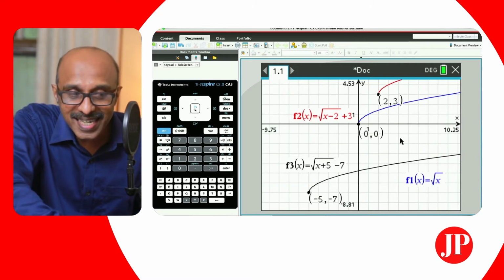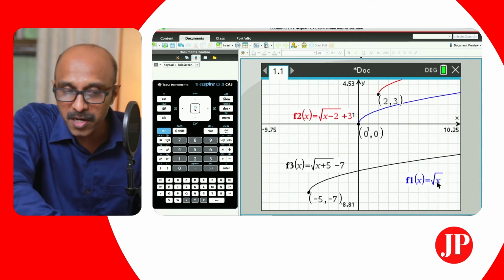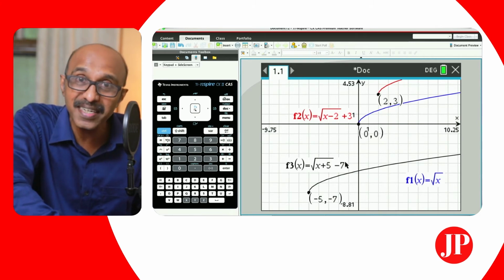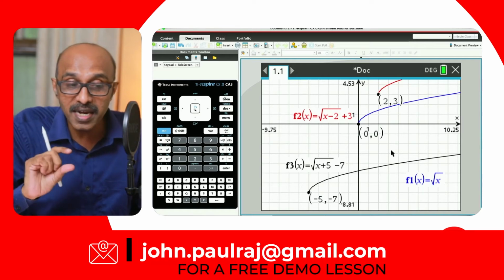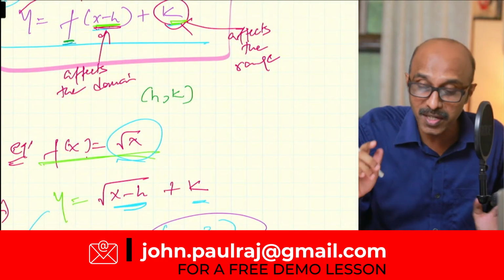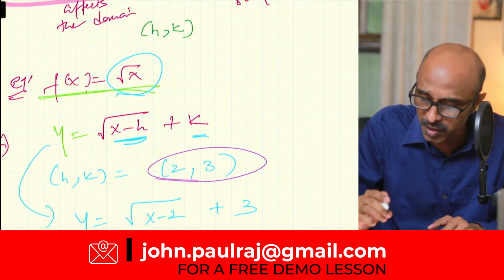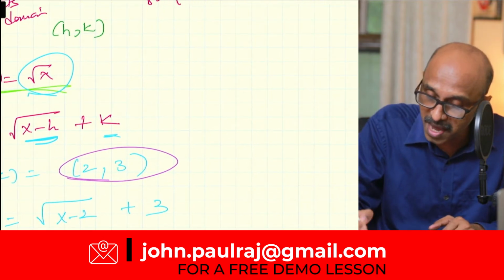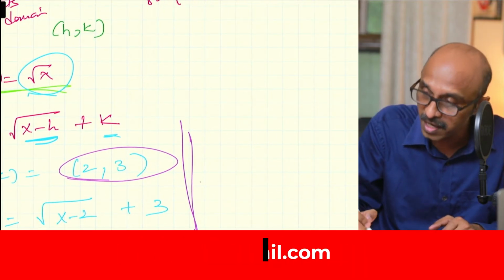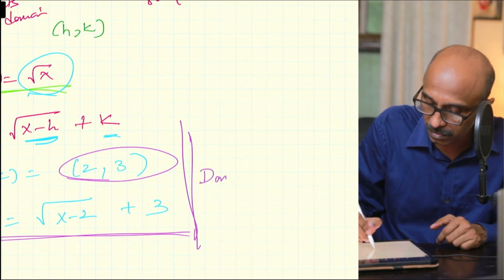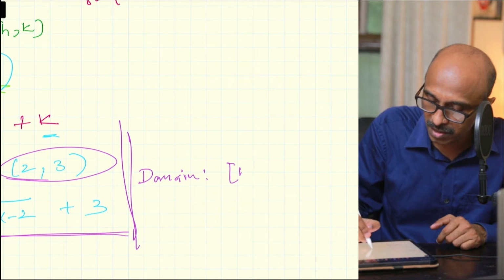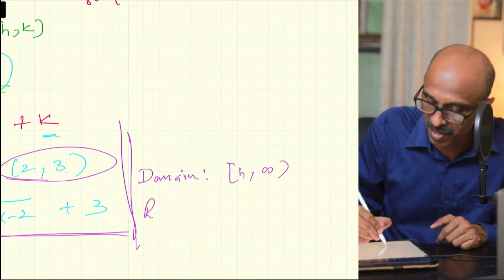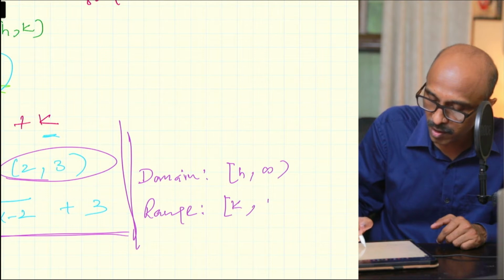So as you can see, H comma K, whether it's a parent square root function or the translated square root function, gives us information about the domain and the range, the minimum value of the domain and the range. So let's make a note of it. In the case of the translated square root function, the domain is H comma infinity, and the range would be K comma infinity.